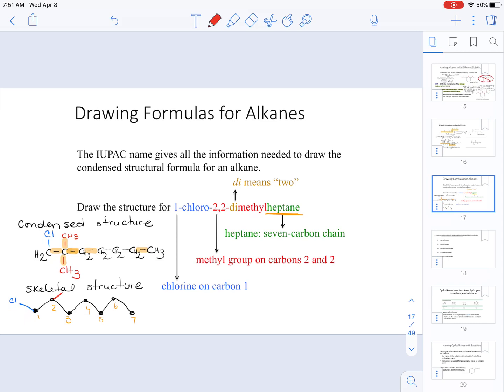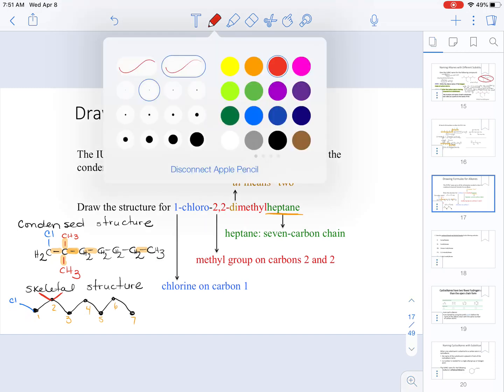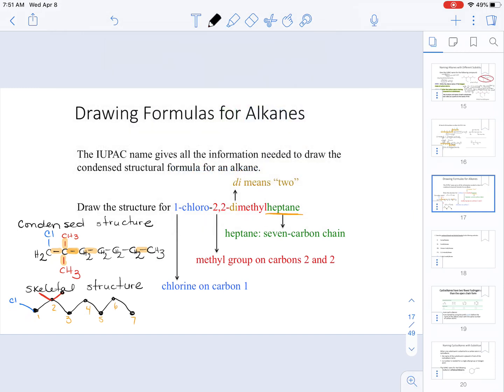So a line is going to represent that there's a methyl, because remember that at the end of this, we're going to have a carbon. So in this skeletal structure, until you guys get used to it, I'm going to be darkening the dots, symbolizing that those are going to be carbons and those carbons are going to have hydrogens. So that is the skeletal structure for the following name.